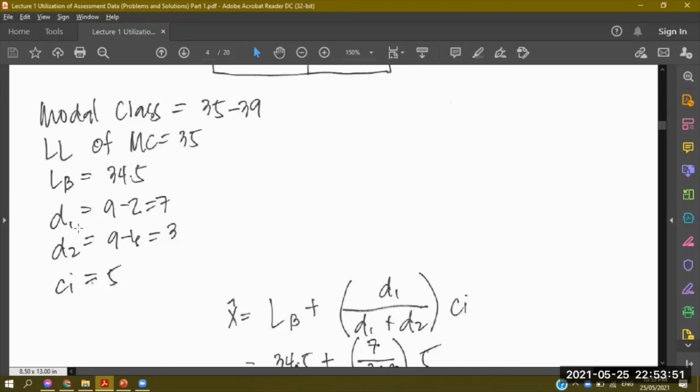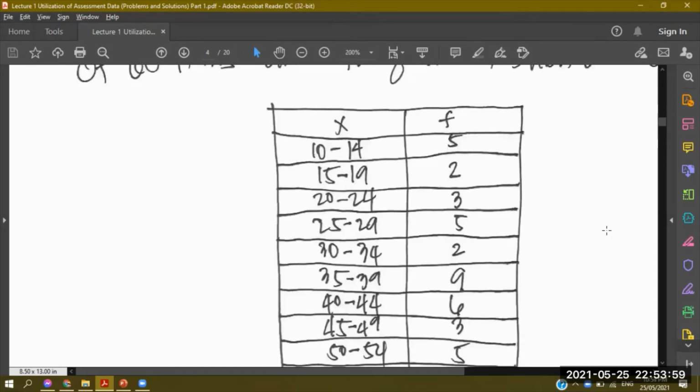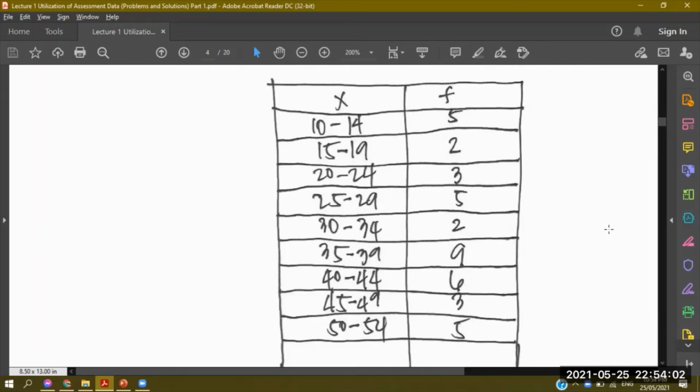And then for D1, why did it become 7? And D2, why did it become 3? It is because, according to the rule mentioned earlier, D1 is the difference between the frequency of the model class, 35 to 39, which is 9, and the frequency above it.